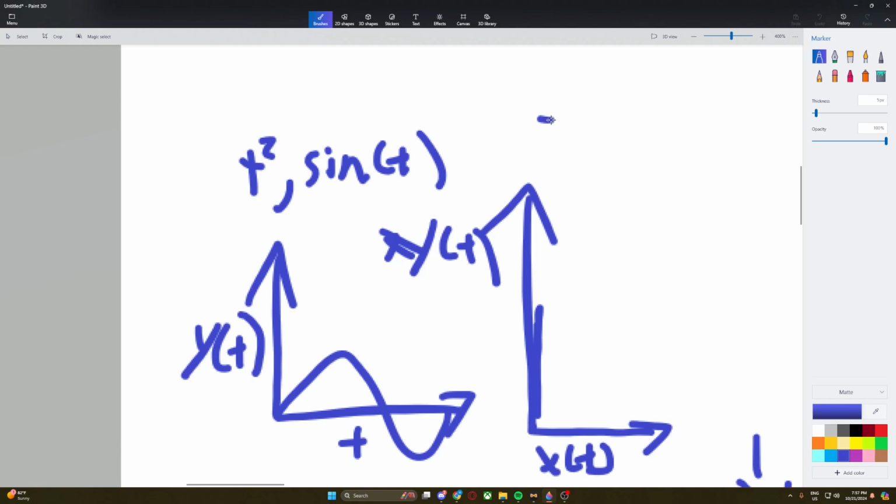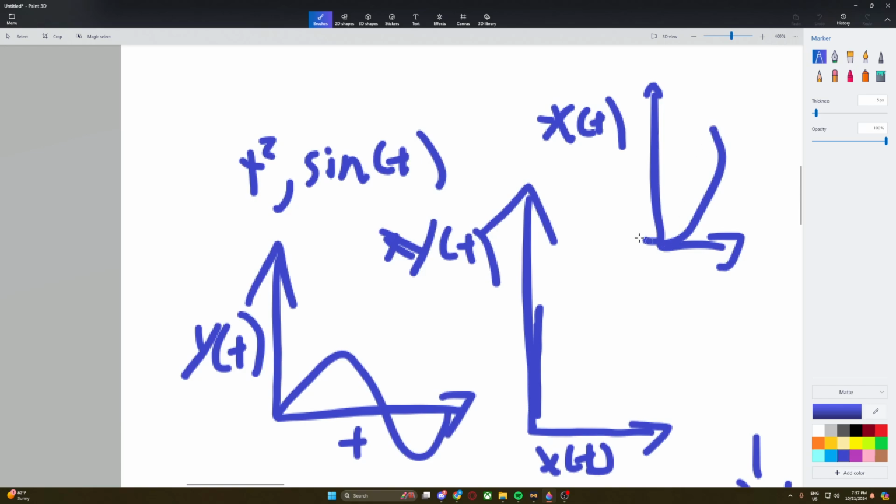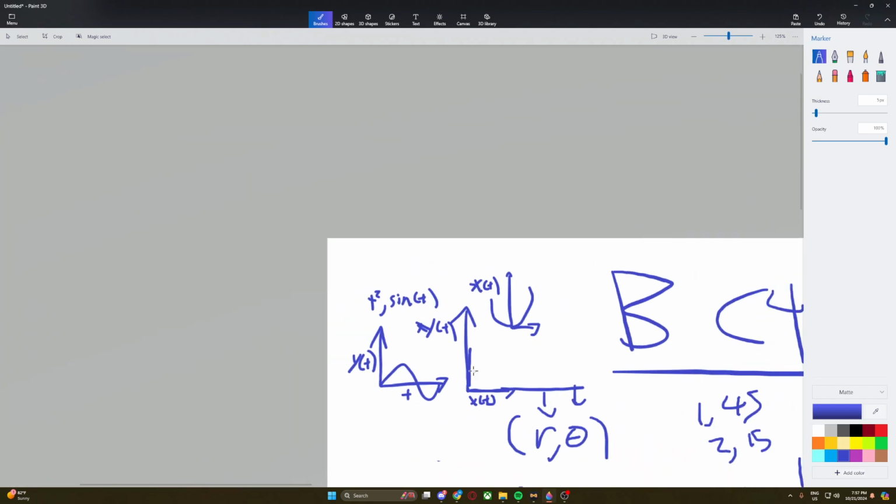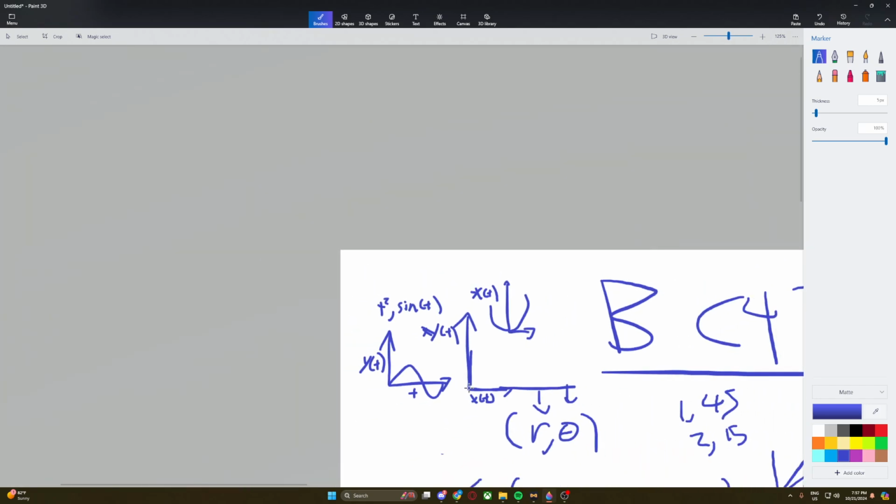And the graph of t squared, or x of t, is a parabola, so it would be increasing the more you go. It's actually hard to visualize. Actually no, it would go like this and then go backwards or something like that.